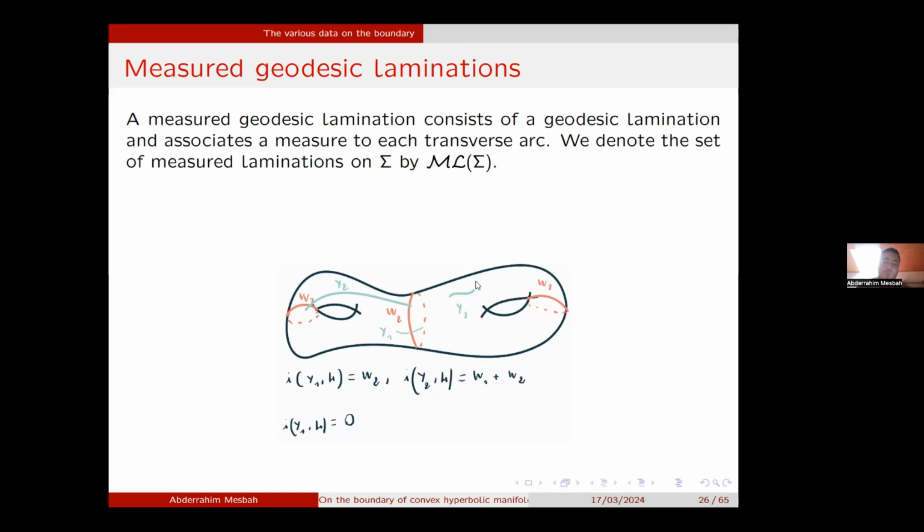And if we take an arc like gamma 3, which doesn't intersect any geodesic, we associate weight 0 because it doesn't intersect any weighted geodesic. So this was an example of measured geodesic laminations.